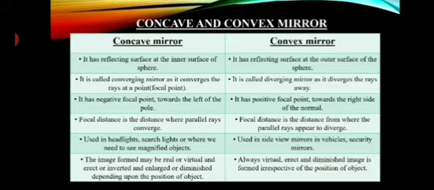When parallel rays are incident on the convex surface, they diverge towards the same side as the light beam. That is, when the beam is incident from the left side, it diverges toward the left, but behind the mirror, on the right side, the rays appear to converge.